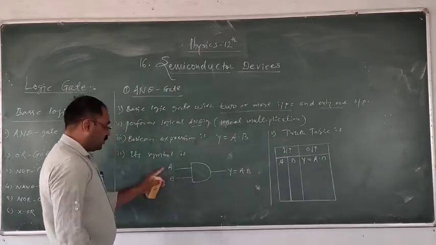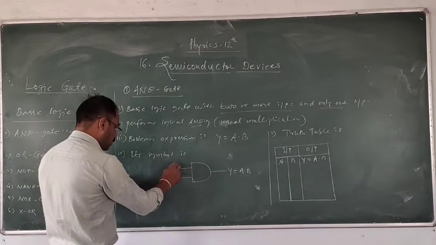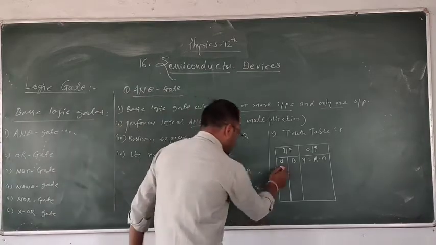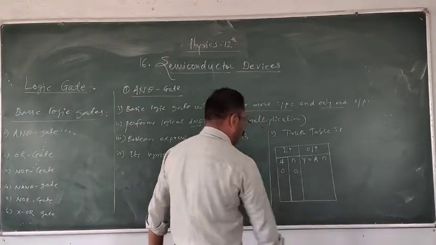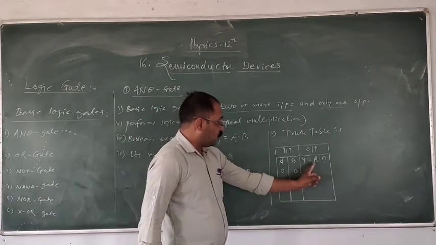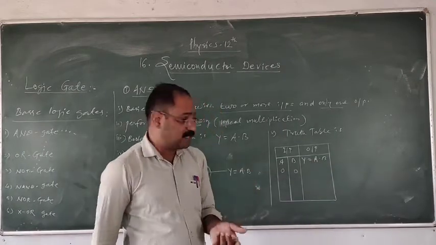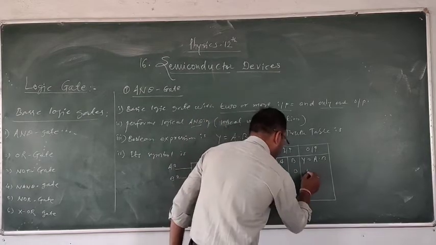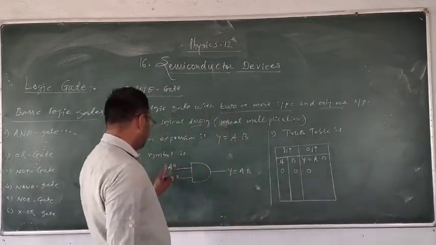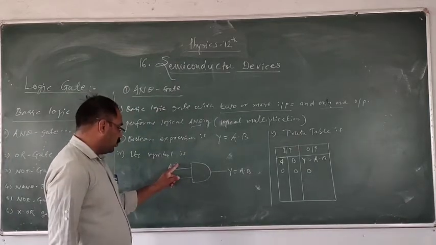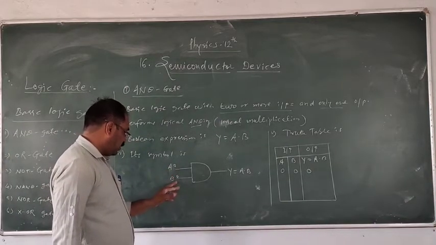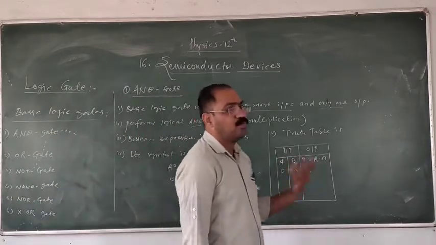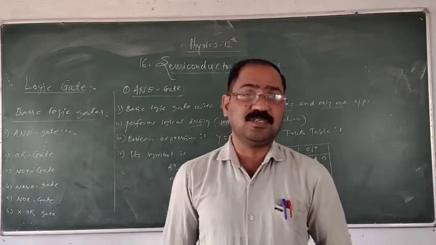Suppose A is at logic level 0 and B is again 0. Y is equal to A dot B, means multiplication, 0 dot 0 is 0. When input A is at logic level 0 and B input is at logic level 0, then 0 dot 0 is 0, means the output of this combination is 0.